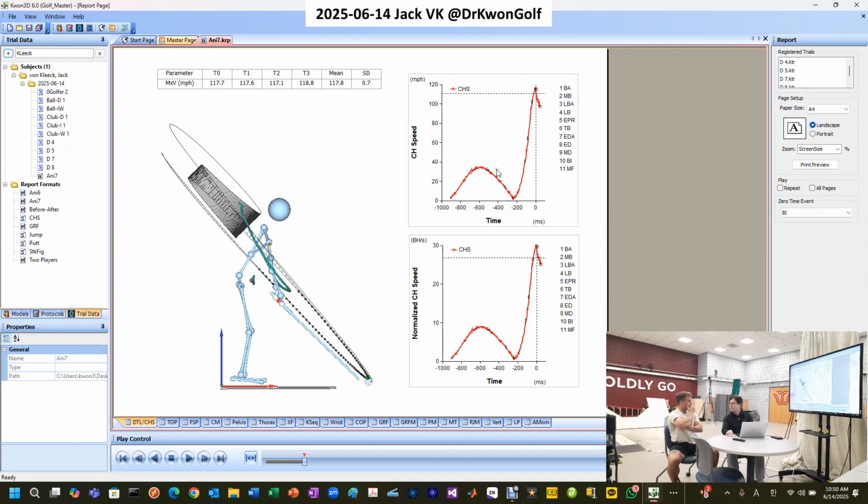What it means is that you are letting the club go early, and then it will probably come with an early quick body rotation, and then slows down a little bit. So instead, try to build the climax more toward the end of the backswing.